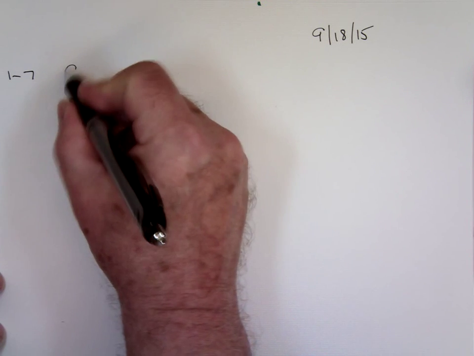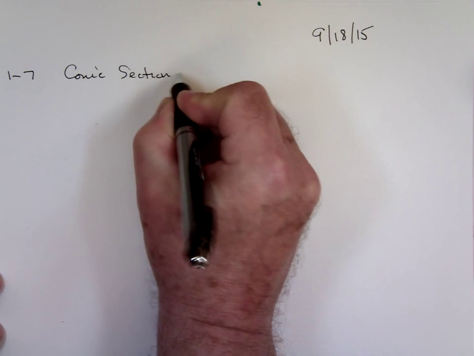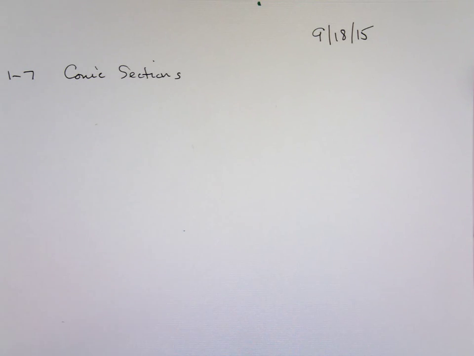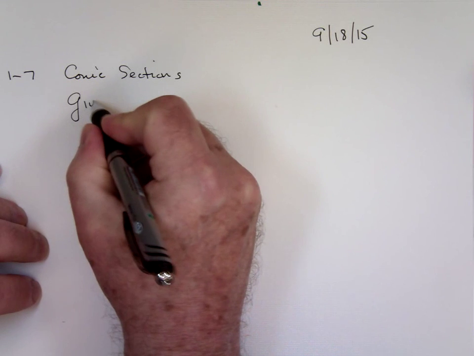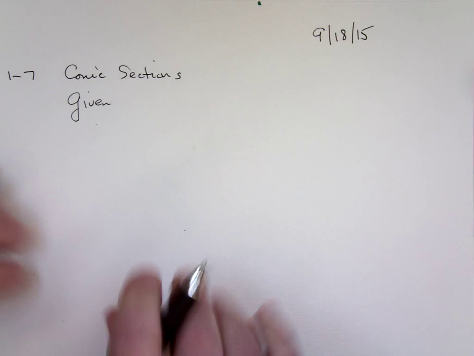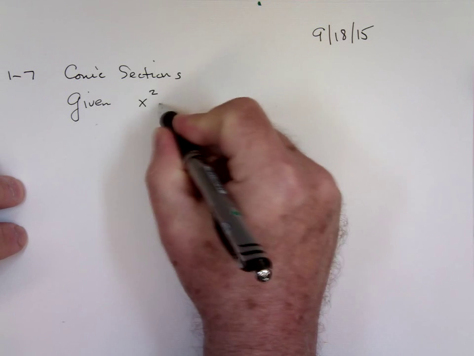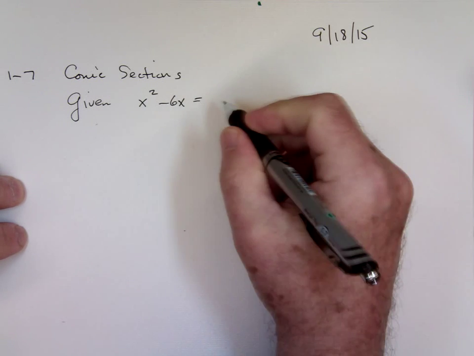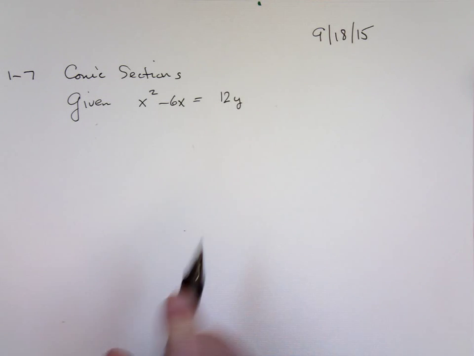is on conic sections. And what I would do, for example, given a typical problem would be a parabola question maybe, something like x squared minus 6x is equal to 12y, something like that.